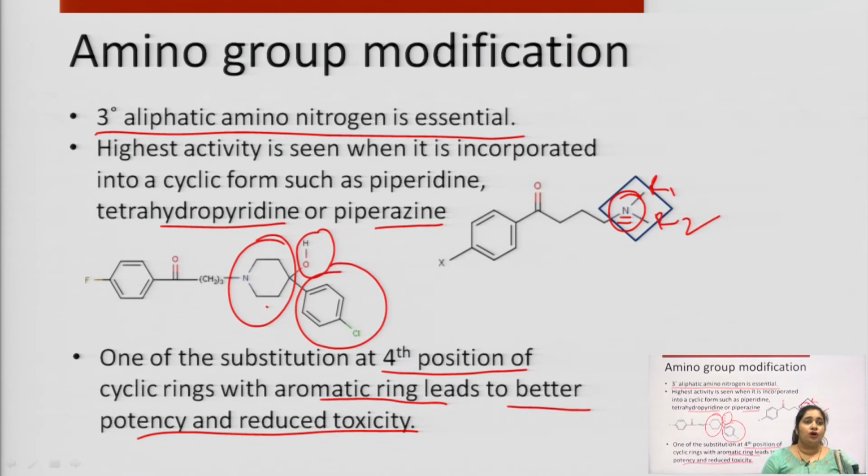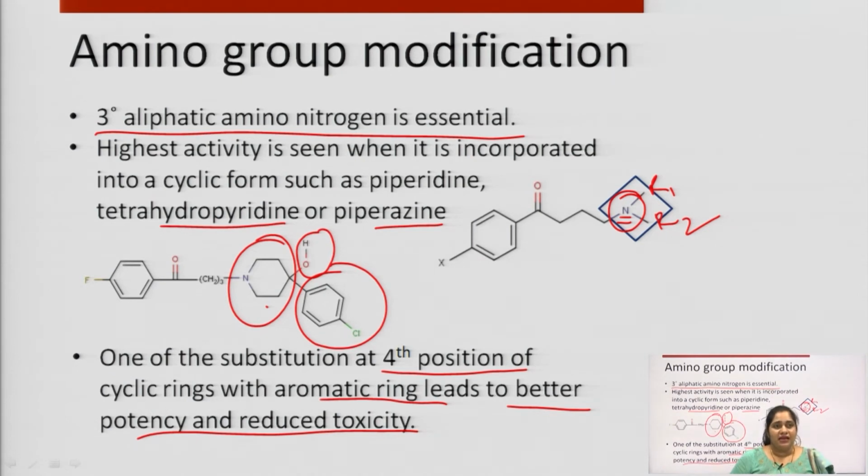So, when we talk about a modification in amino group, the first thing that we have to keep in mind is that this amino group must be tertiary in nature. The secondary and primary amino groups will have either no activity or they will have lesser activity as compared to tertiary substitution.